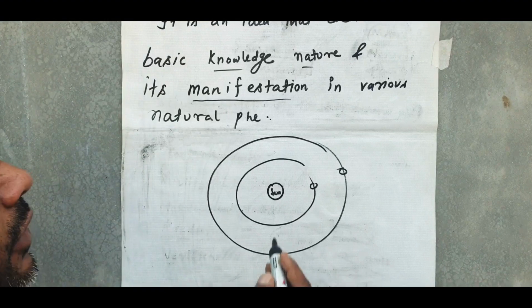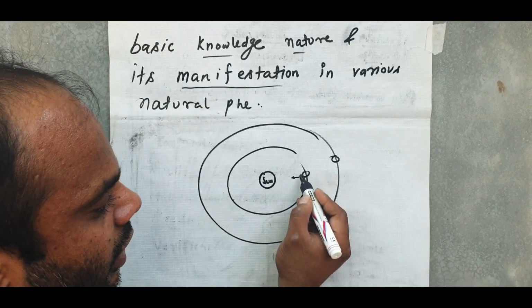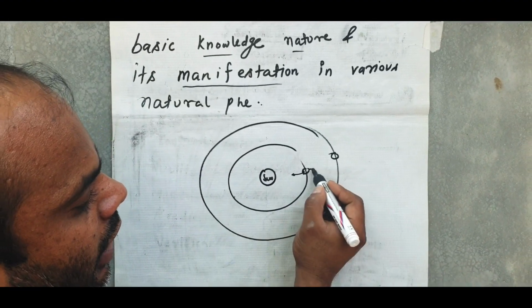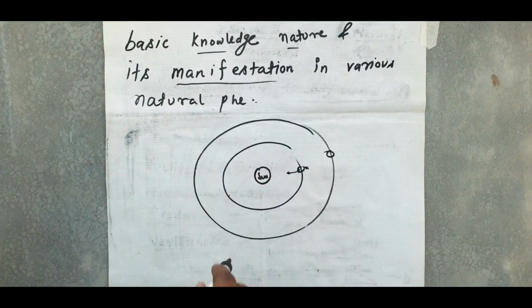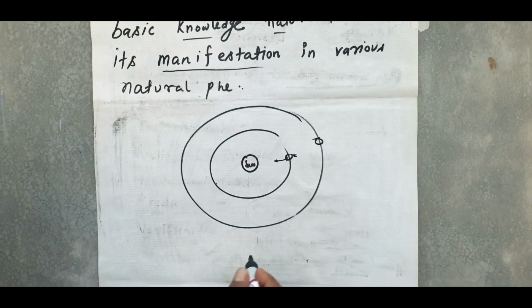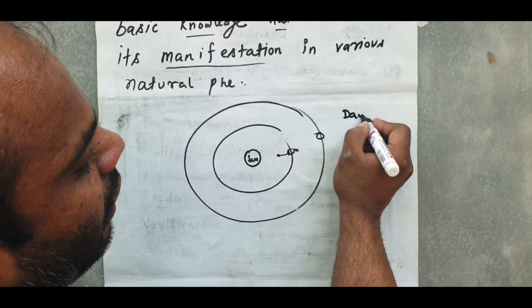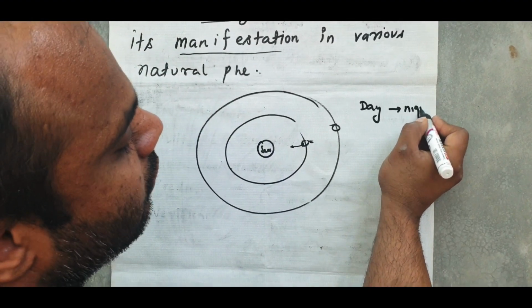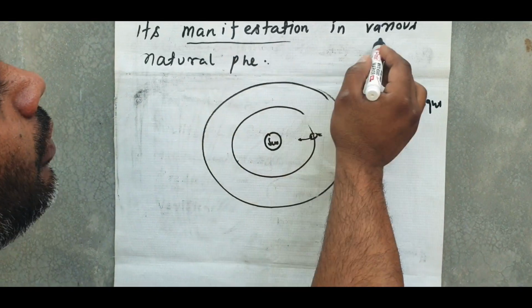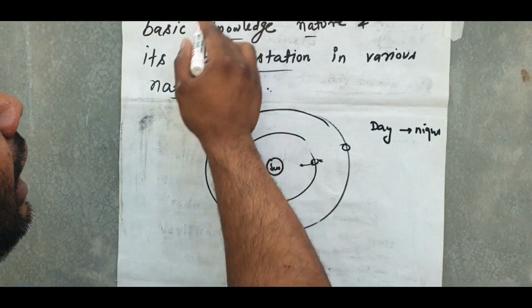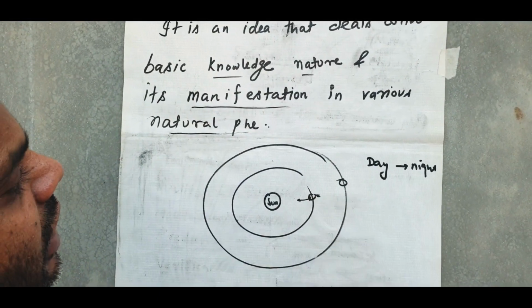If this portion is in front of the sun, then this is day, and that is night. And this process goes on again and again. After every day, night comes. So that is a natural phenomenon. It is explained with the help of physics. How is it explained?